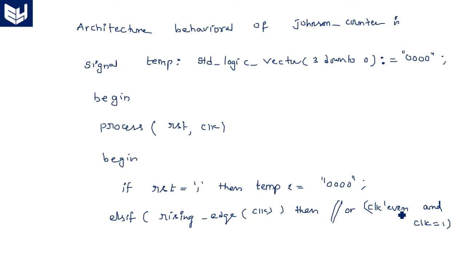The meaning of clock'event is that an event has occurred in the clock. An event is nothing but changing either from 0 to 1 or from 1 to 0.